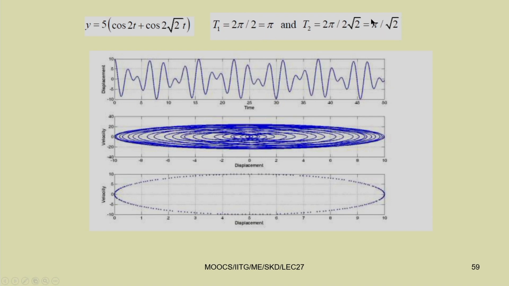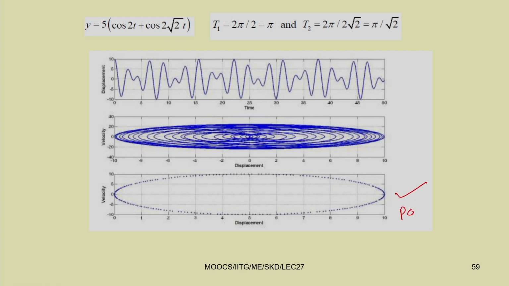If we take the smallest time, that is pi by root 2, and sample this response, you can see that we are getting a closed loop. So this is a quasi periodic response. This is the Poincare section of the quasi periodic response.